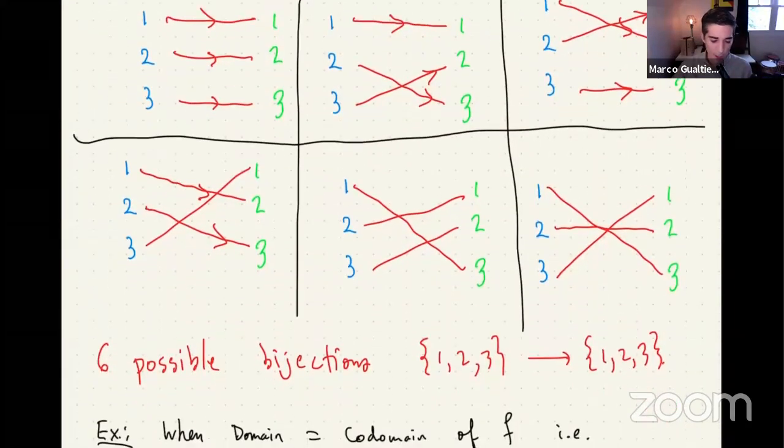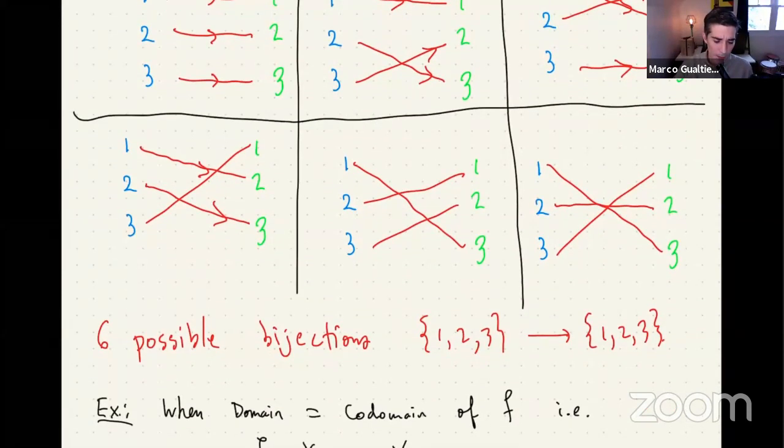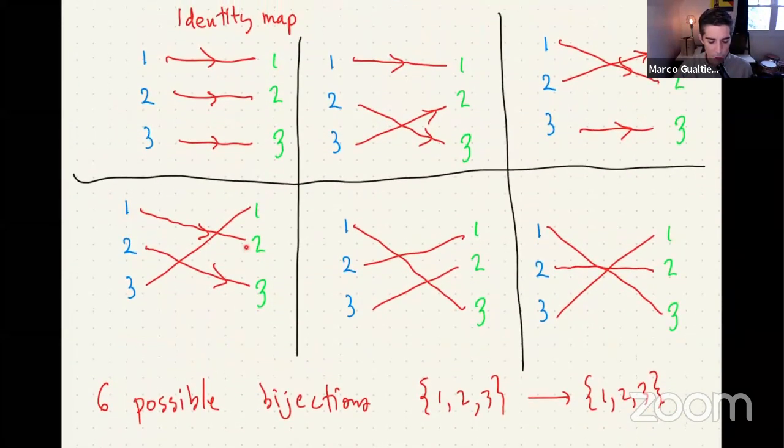Now let's look at this map. It takes 1 to 2, 2 to 3, and 3 to 1. And if I go backwards, it'll take 1 to 3, 2 to 1, and 3 to 2. So 1 is being sent to 3. So that's different from the original map, right?